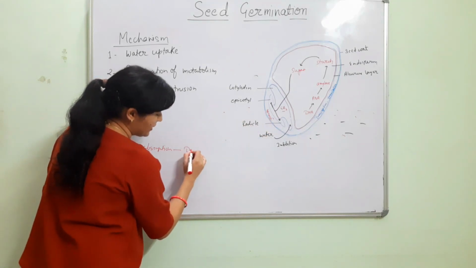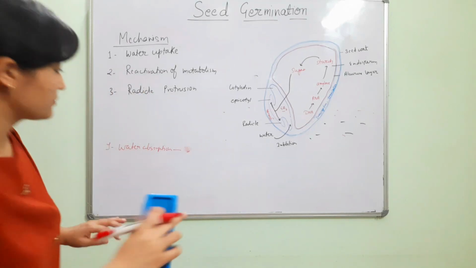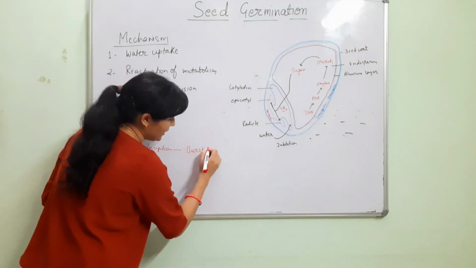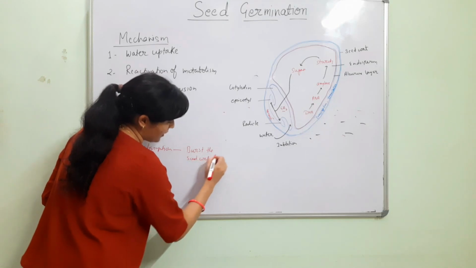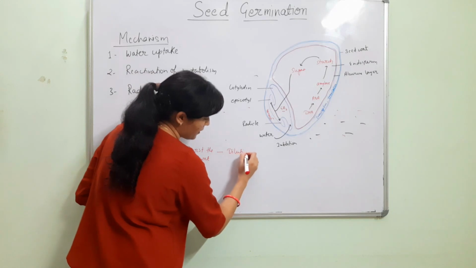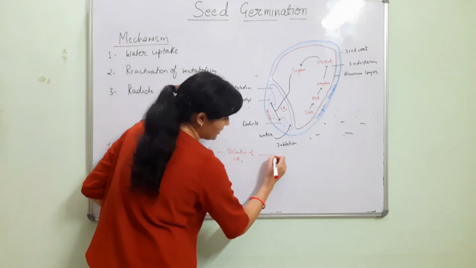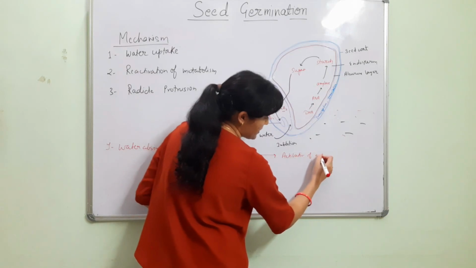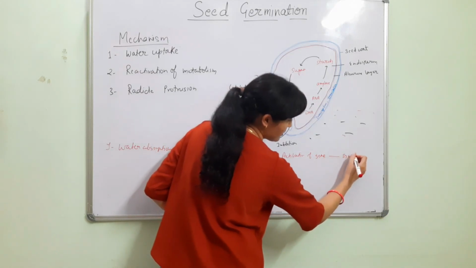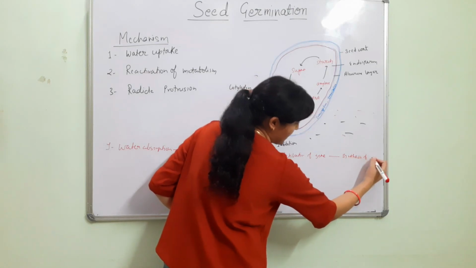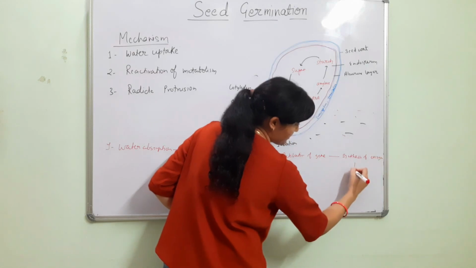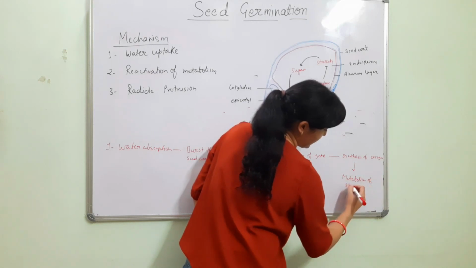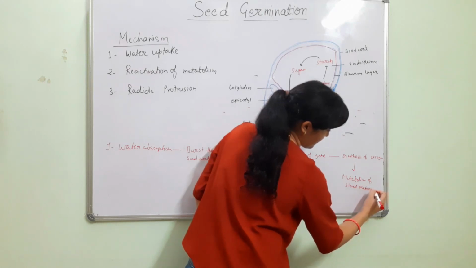Second is bursting of the seed coat, then dilution of gibberellic acid, then activation of some genes, okay, then synthesis of enzymes, then metabolism of stored material takes place.